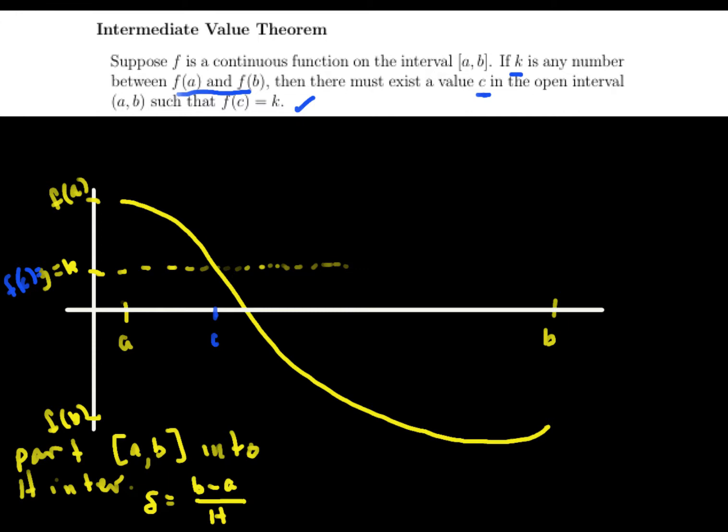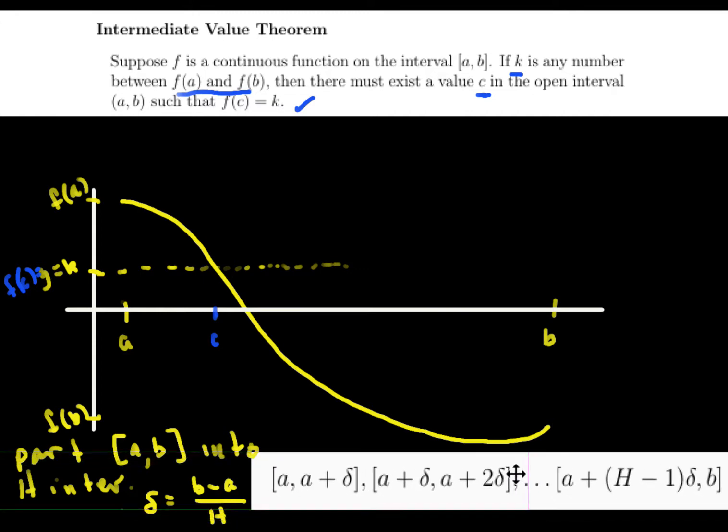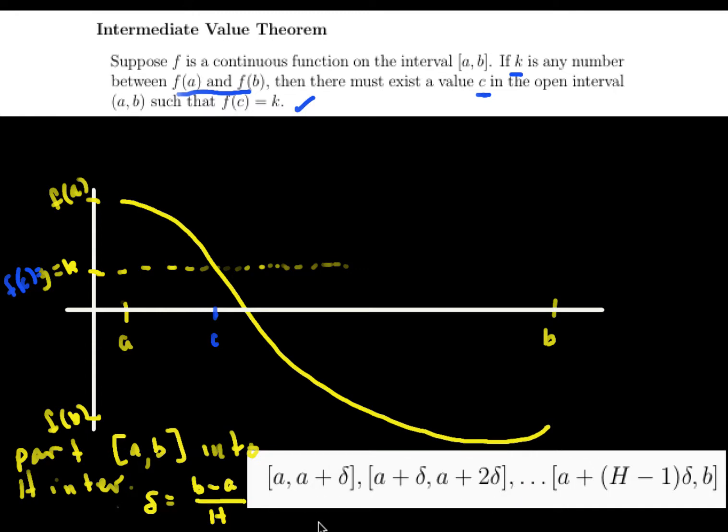And so we can write down exactly what we have: intervals of this form that look like a to a plus delta, to a plus 2 delta, and so on and so forth. And as we discussed in the last one, the very last interval will look like this. Okay, so we've divided this into an infinite number of intervals, or an infinite number of partitions.